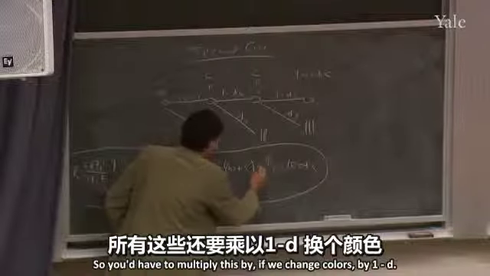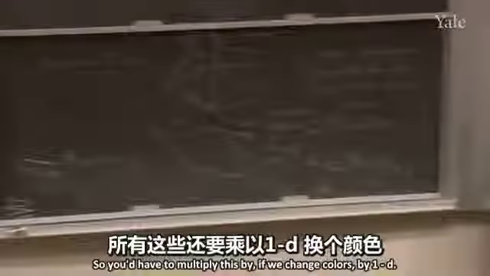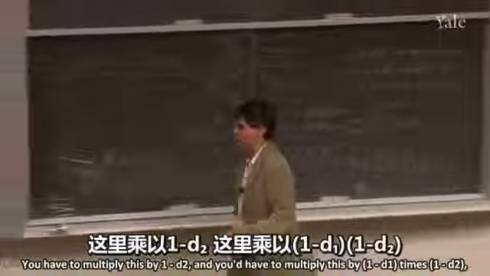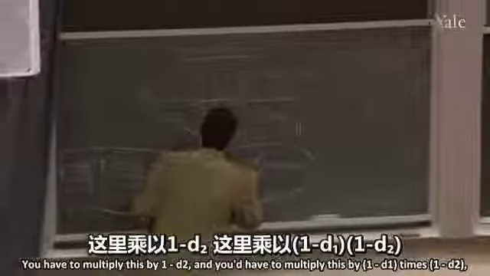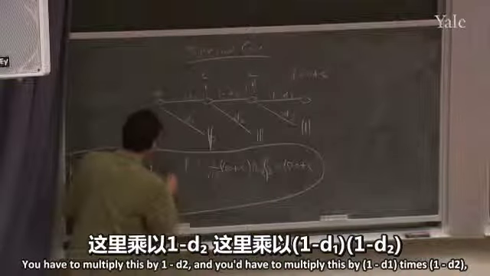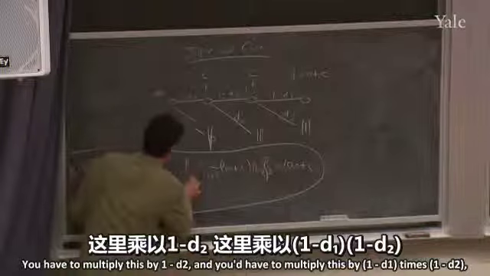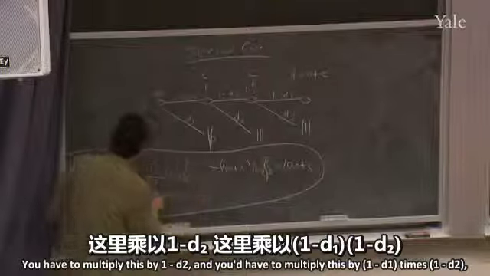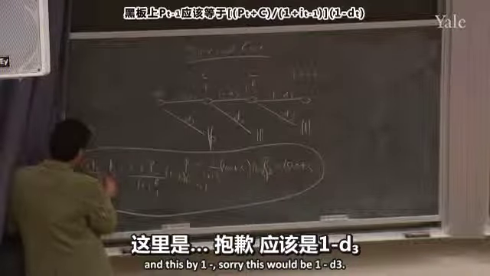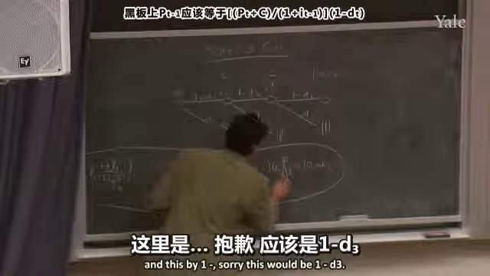You'd have to multiply this by, if we change colors, by 1 minus D. You'd have to multiply this by 1 minus D2, and this by 1 minus D1 times 1 minus D2, and this would be 1 minus D3.